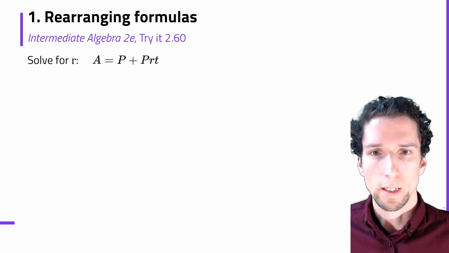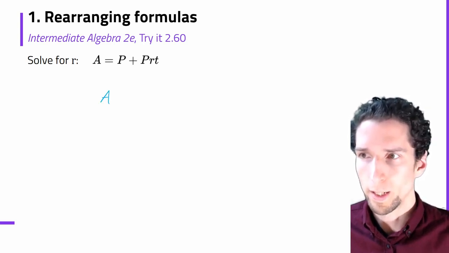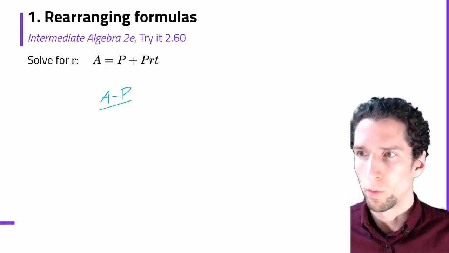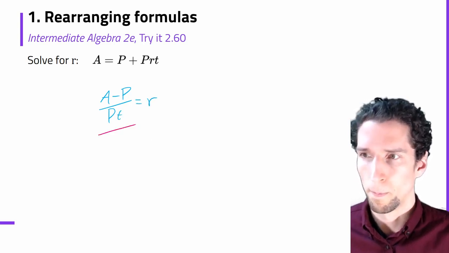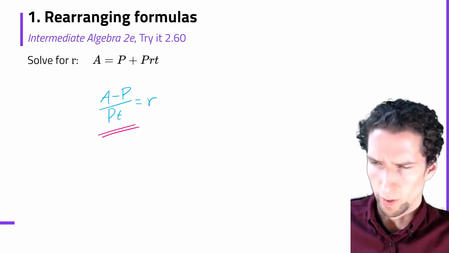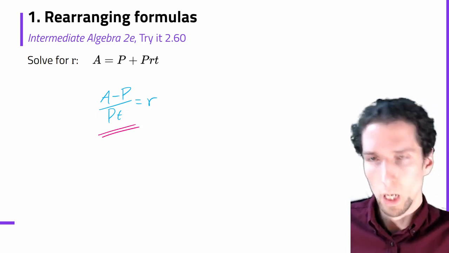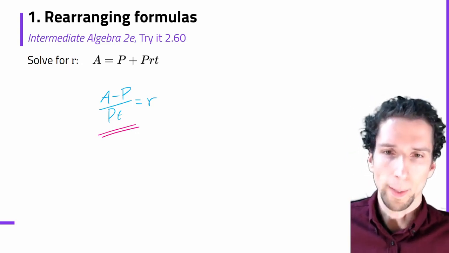All right, our solution to this one is almost the same as what we had in the last one. a minus p over pt equals r, like this. The t and the r switch places compared to the previous solution. Okay, that's that one.